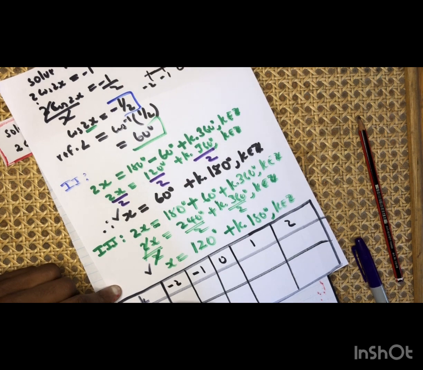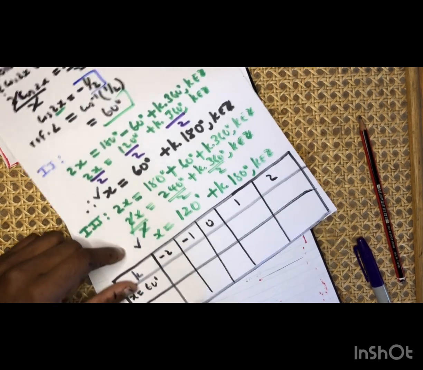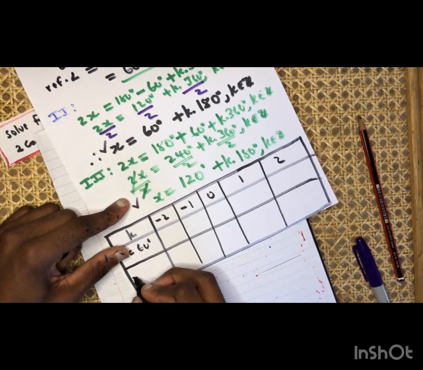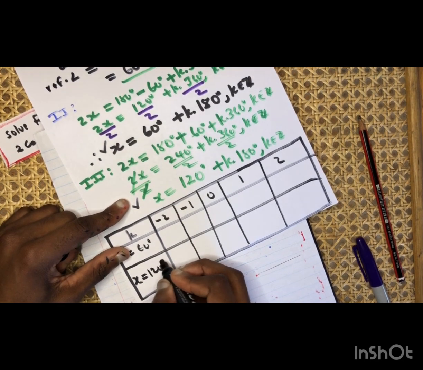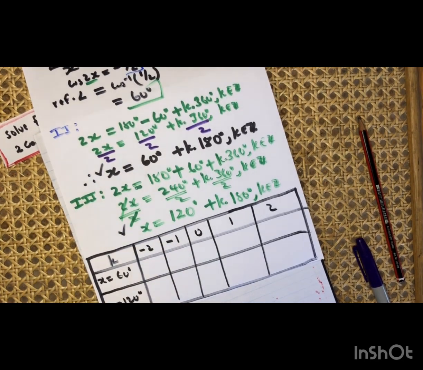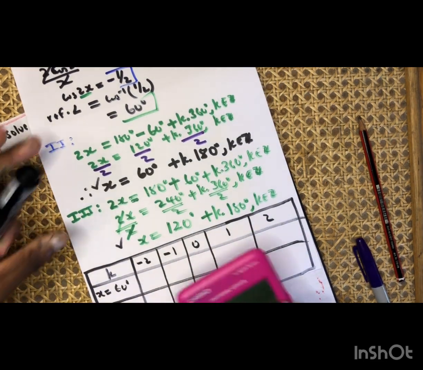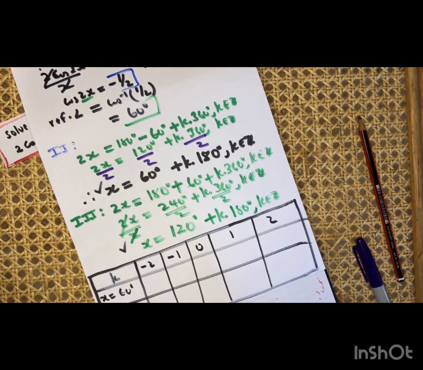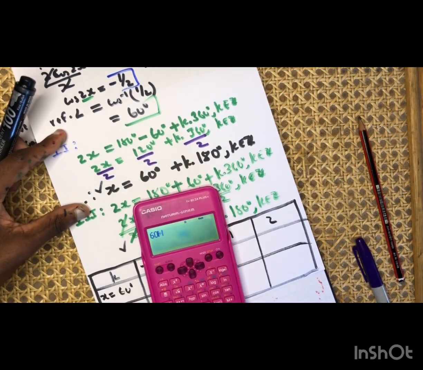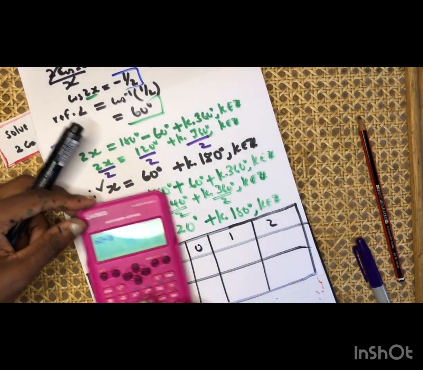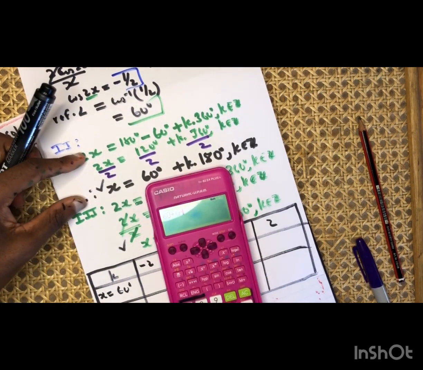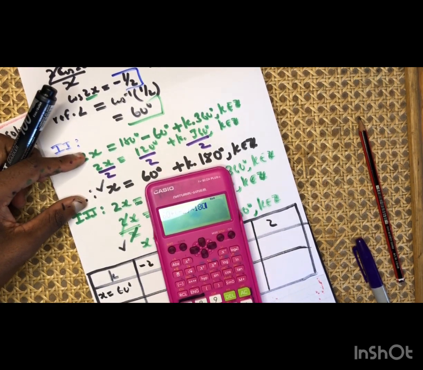Here I'm going to write x equals 60 degrees plus 180k, and here x equals 120 degrees plus 180k. I'm going to start with this one. Wherever we see k, I'm going to put -2 and then -1 and so on. So I'm going to say 60 plus, in place of k, we put -2 first, times 180.